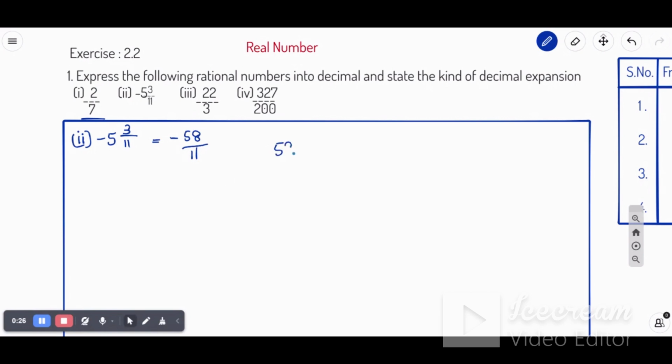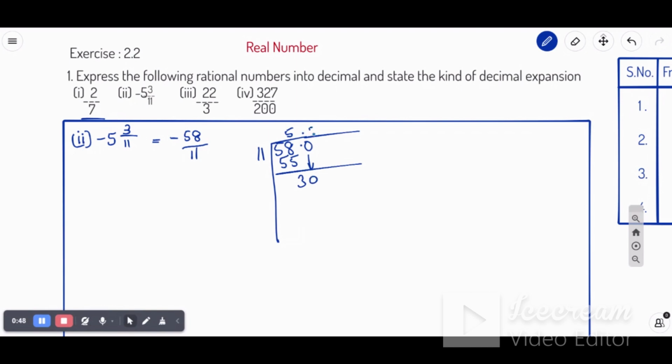So 58 divided by 11. It's the 11th table, so it is very easy. It will be 5 5s are 55. Whatever it is, start dividing. So 55, point, and we have to put a 3. Now let me put the point here and take my 0 down.